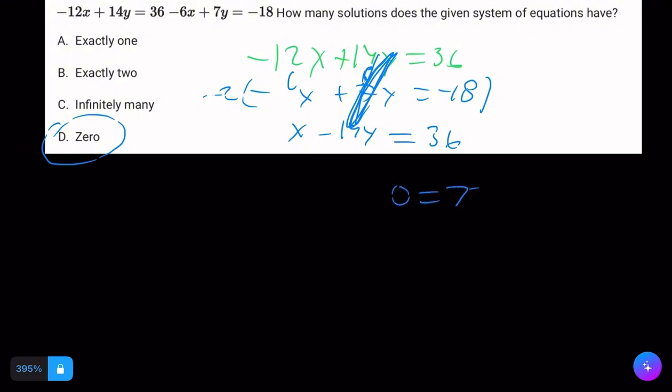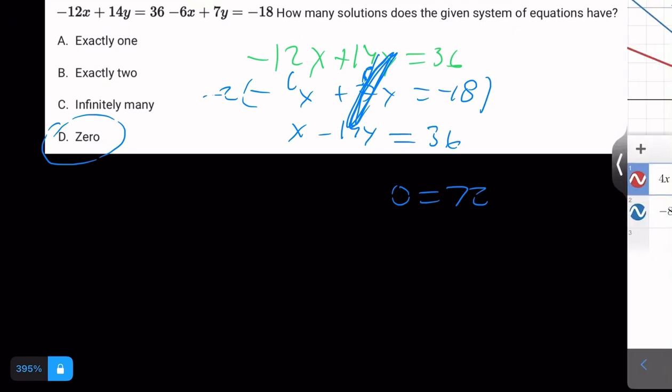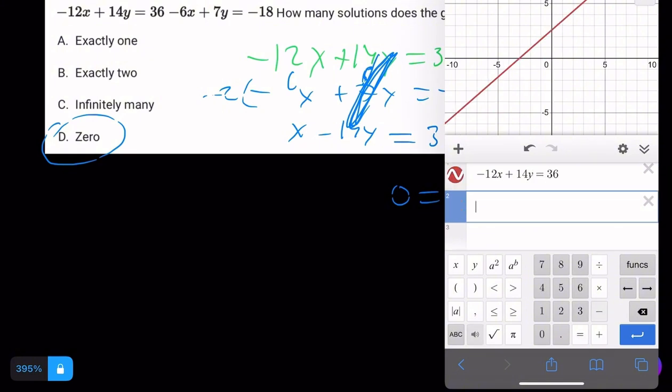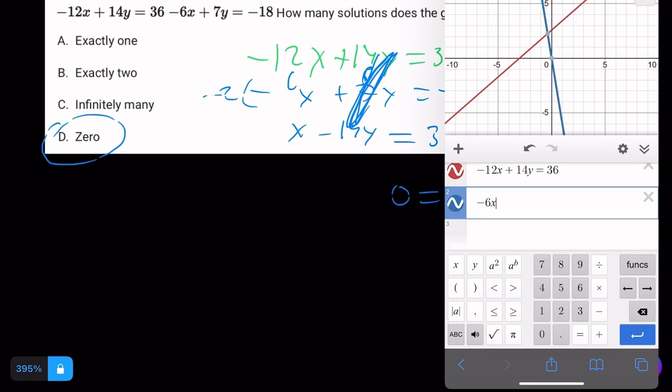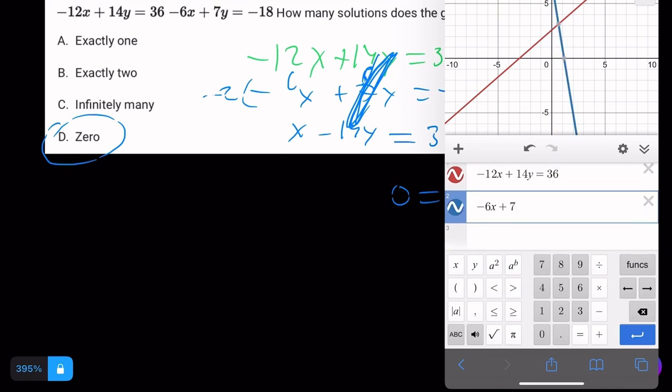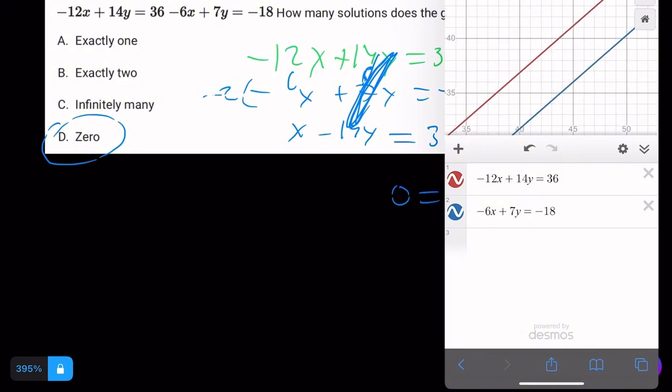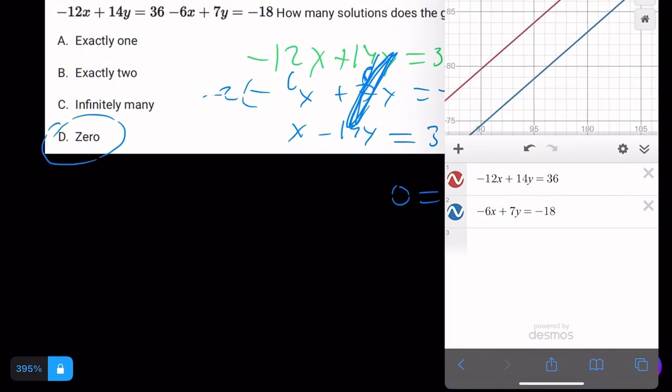They cancel out, therefore my answer is D. But let's plug it into Desmos to always make sure. So negative 12x plus 14y equals 36, and the second equation, negative 6x plus 7y, equals negative 18. As we can see, because they have the same slopes, they never intersect, and they have different numbers, so the answer is indeed D.